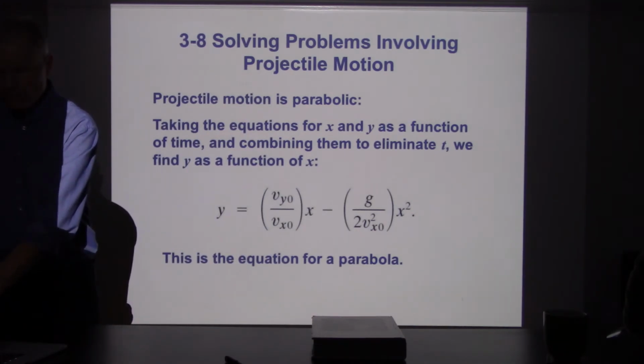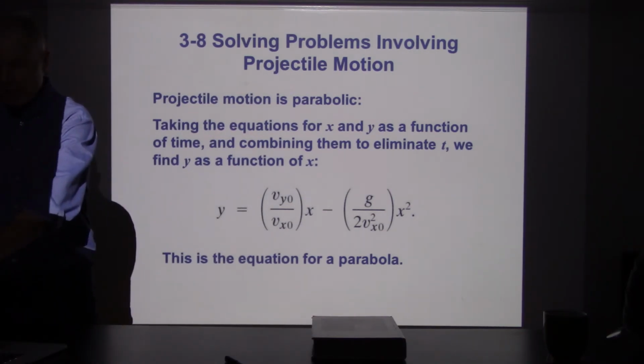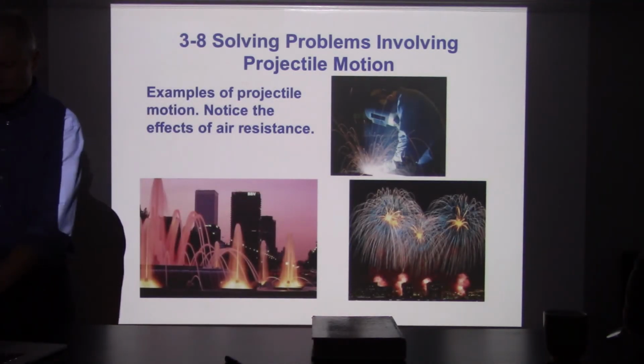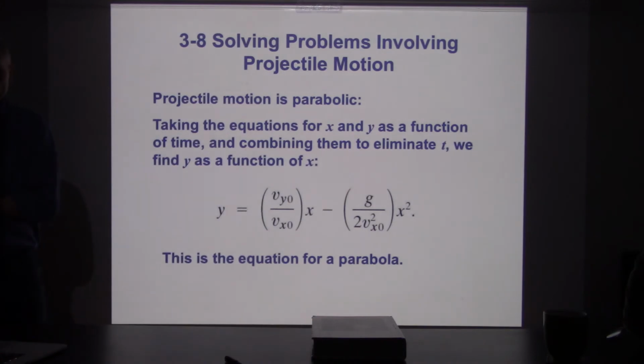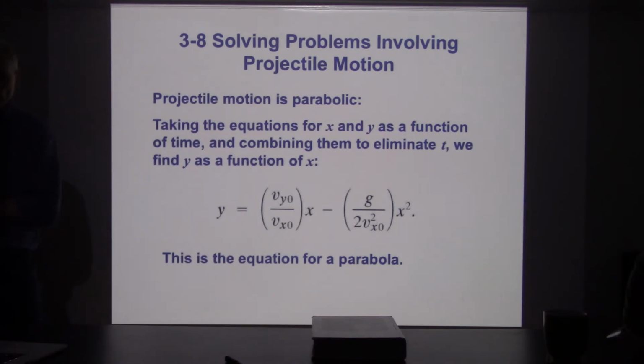Projectile motion is parabolic. If we take the formula and eliminate t, we can rewrite it in terms of y as a function of x, and you can see that that's a formula for a parabola. And then we have some really nice pictures here.